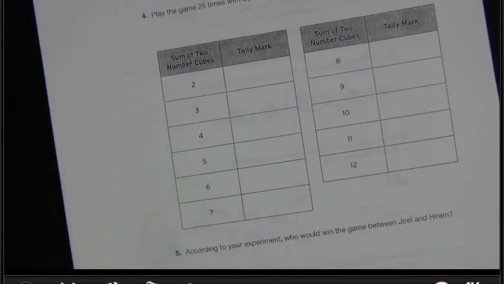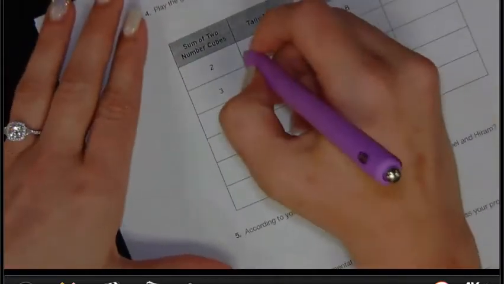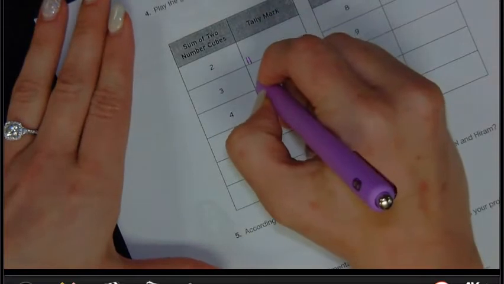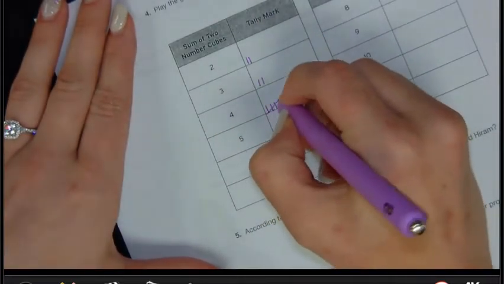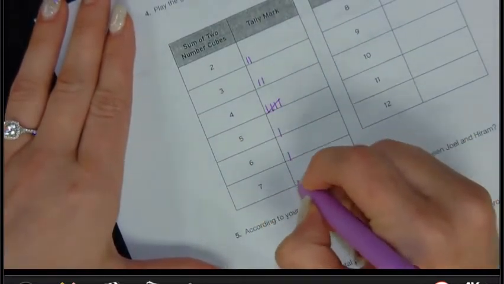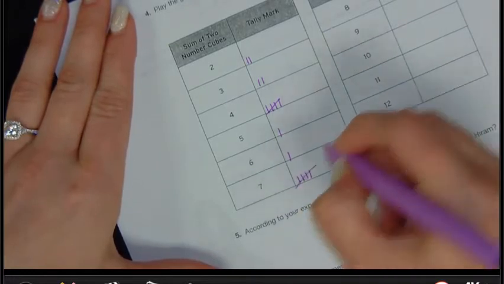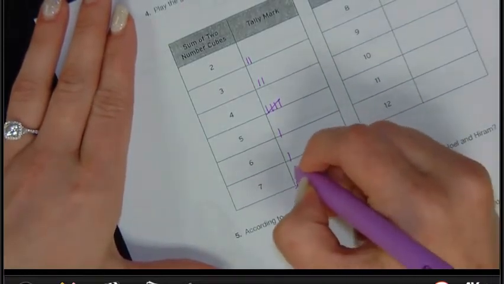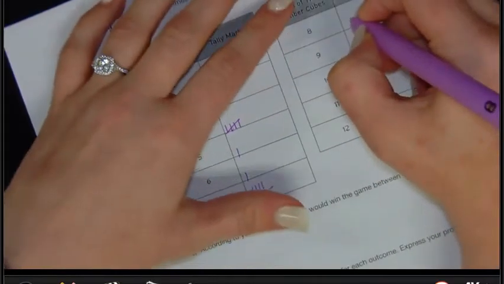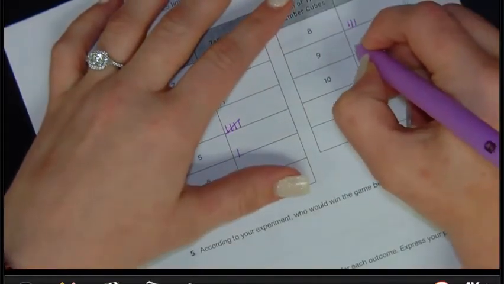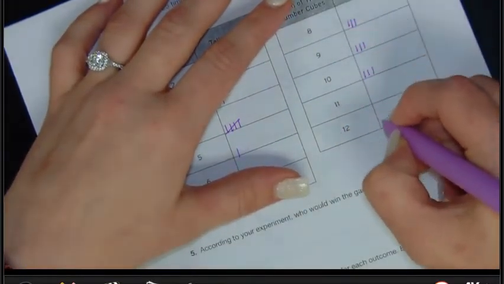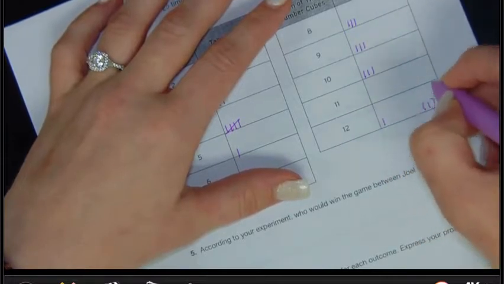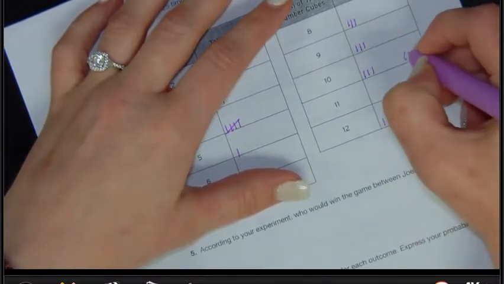If you would, please pause this video, and then you're going to tally up, and you're going to do this 25 times, or roll your dice 25 times. And tell me what you guys get. I am going ahead and showing you what I got on one of my previous games that I did.